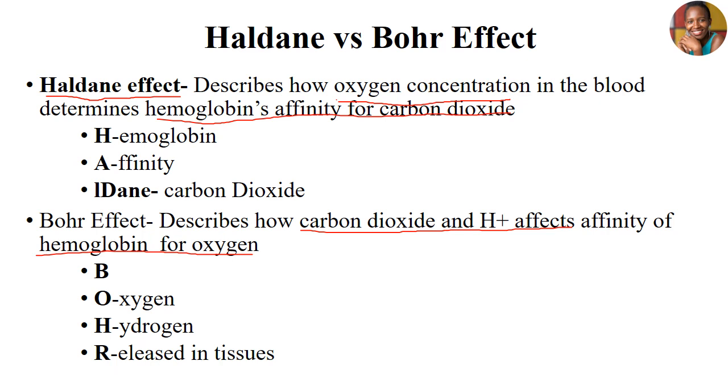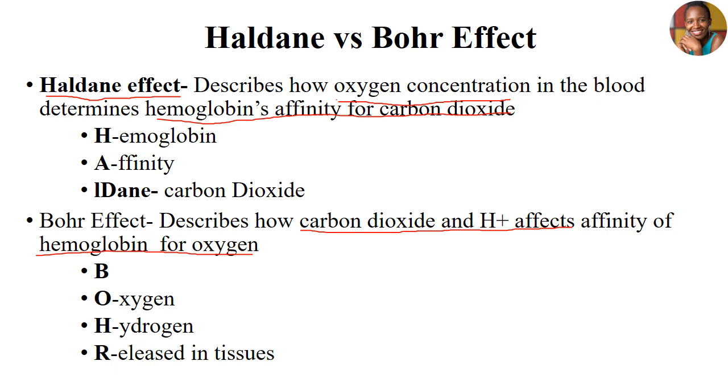But if oxygen concentration is very low, then carbon dioxide levels will be high. So in this case, affinity for carbon dioxide will be high, bind more to it and release it out. That's how these affinities are changing.